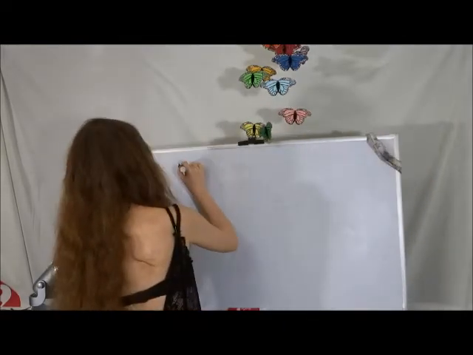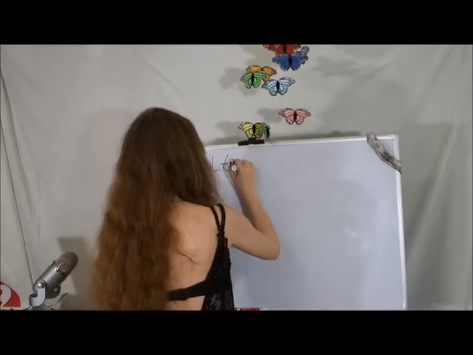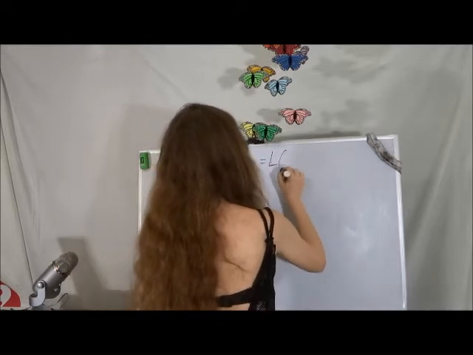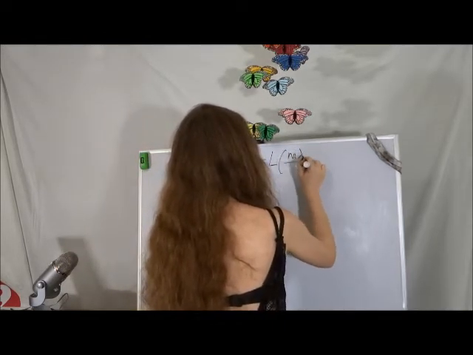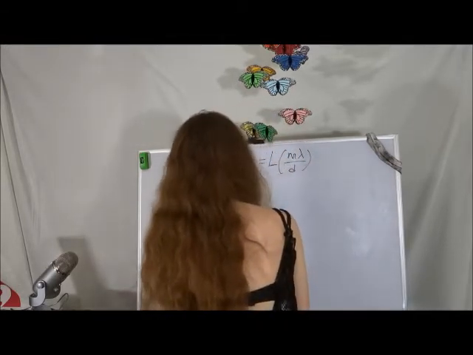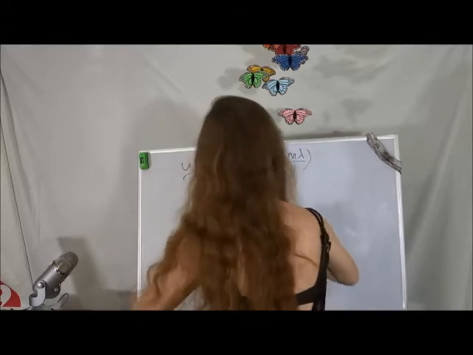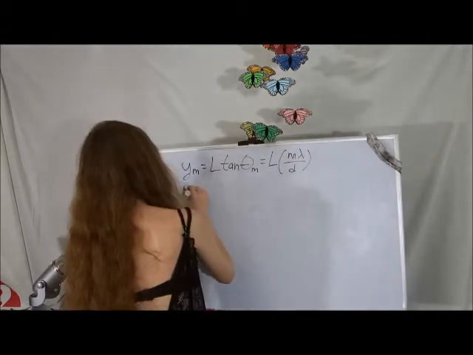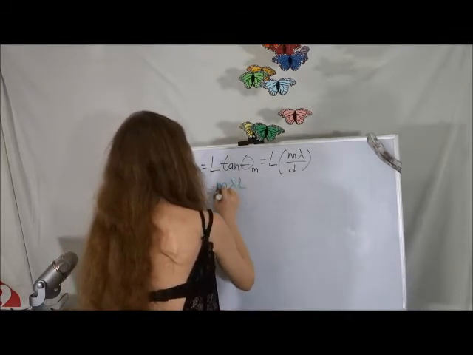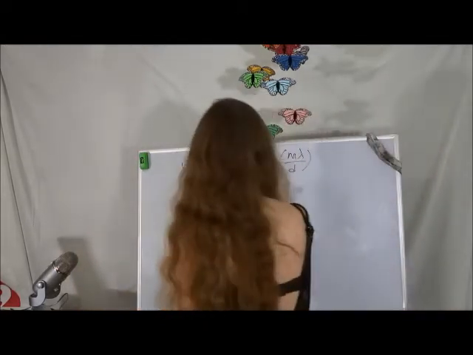We had y sub m is equal to L tangent theta m, which is going to be L times m lambda over d. So you will end up with y sub m is equal to m lambda L over d. And this is for constructive interference.